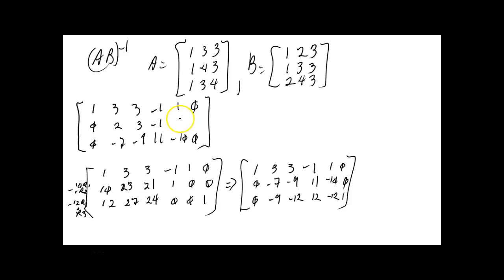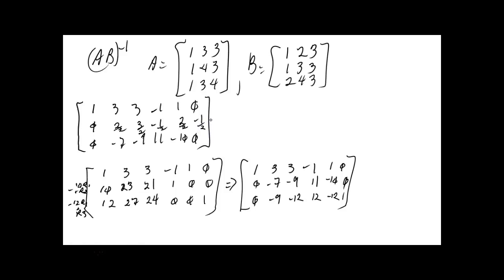Right. Okay. And there's no way to avoid fractions here, but they're not as bad as sevenths would have been. Okay. So divide by 2, 2, 2, 2, and 2.